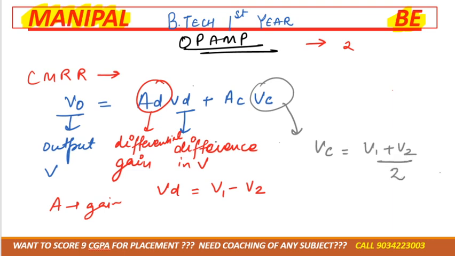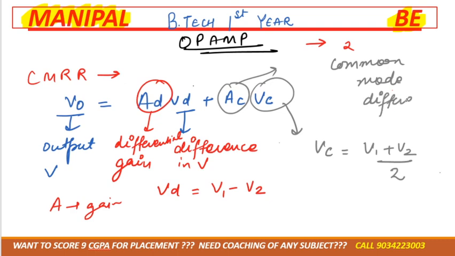So VCM is V1 plus V2 by 2 and AC is the common mode gain. AD is gain, VD is V1 minus V2, VC is V1 plus V2 by 2, AC is gain.